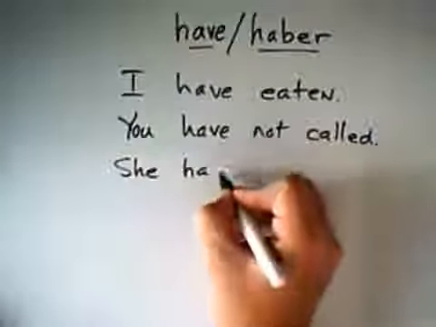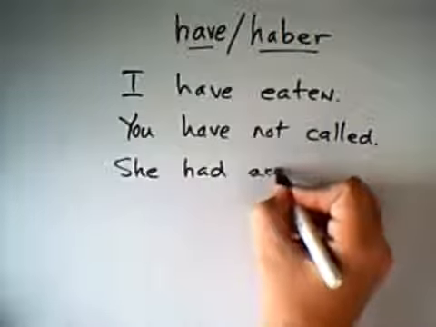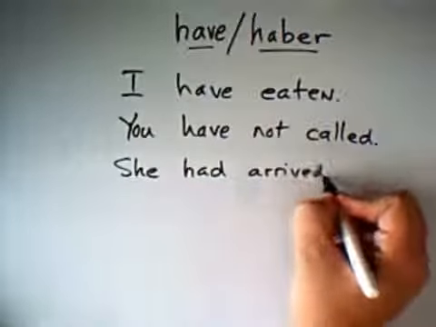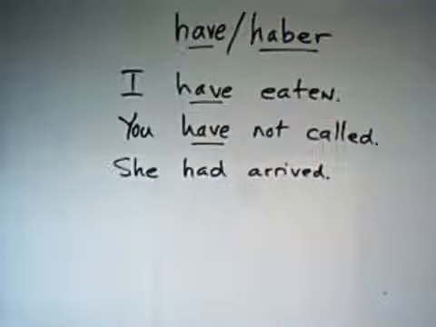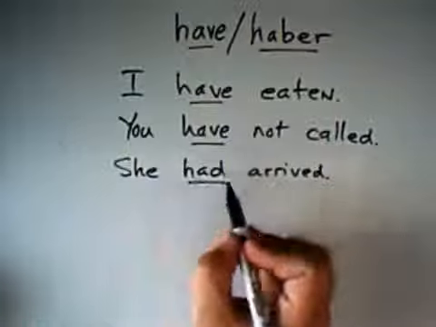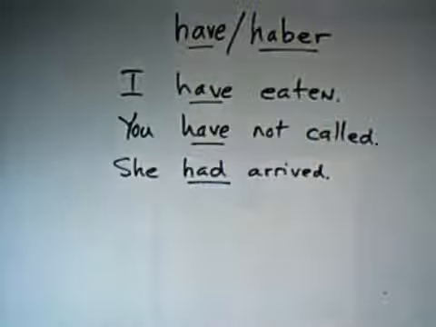And then finally, I'm going to use an example in the past again. She had arrived. So what you can see here is, in the first 2 examples, my form of the verb to have is in the present. In my third example, the form of the verb to have, I've switched into the past tense. Okay? I have eaten, you have not called, she had arrived.